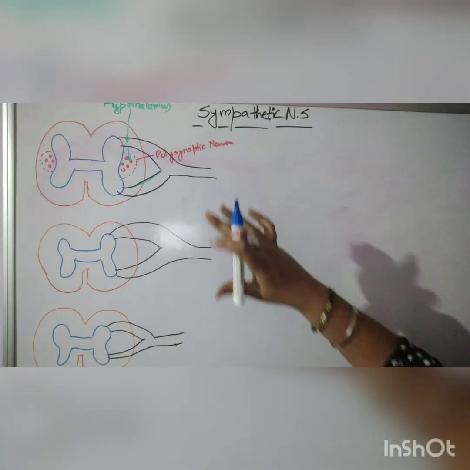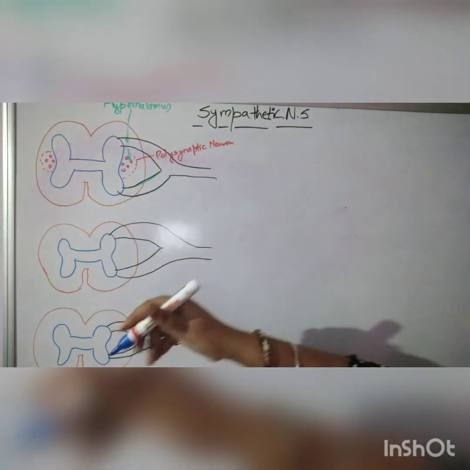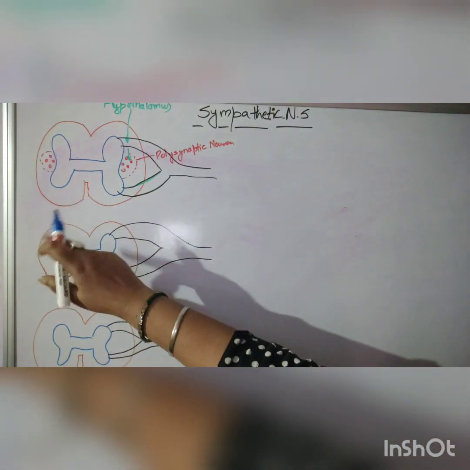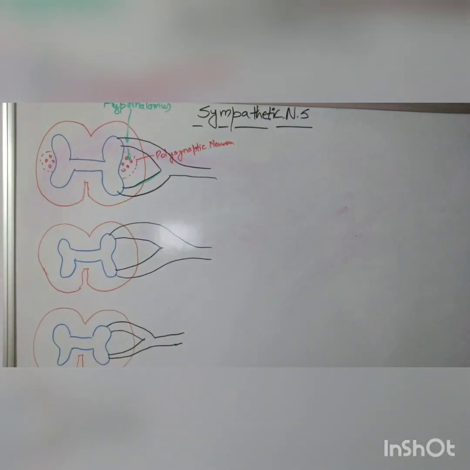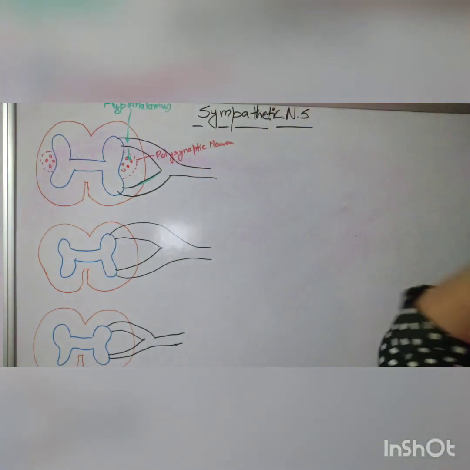So now this is your cut section of the spinal cord. This is the cut section. Suppose this is your spinal cord, these are the cord sections of the spinal cord. Suppose this is your thoracic, and see, the hypothalamus is sending the message.